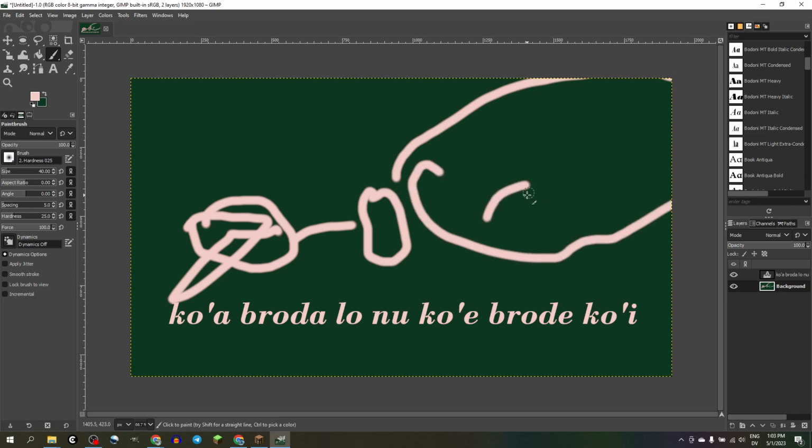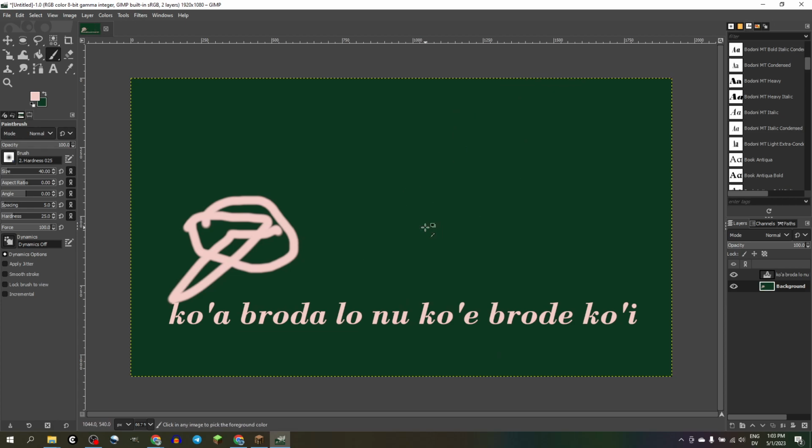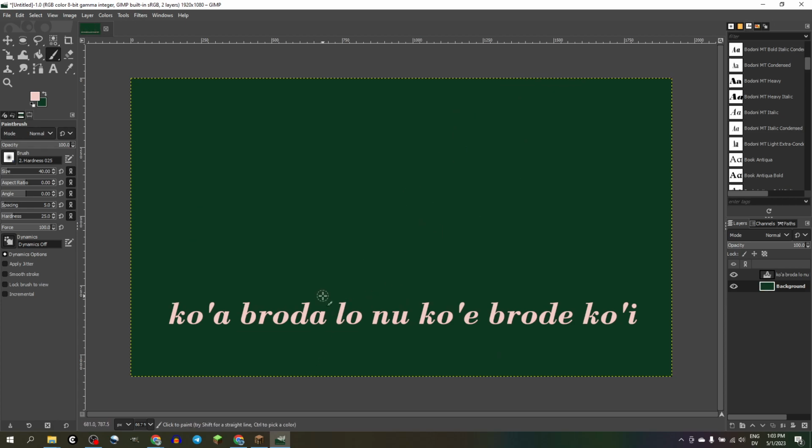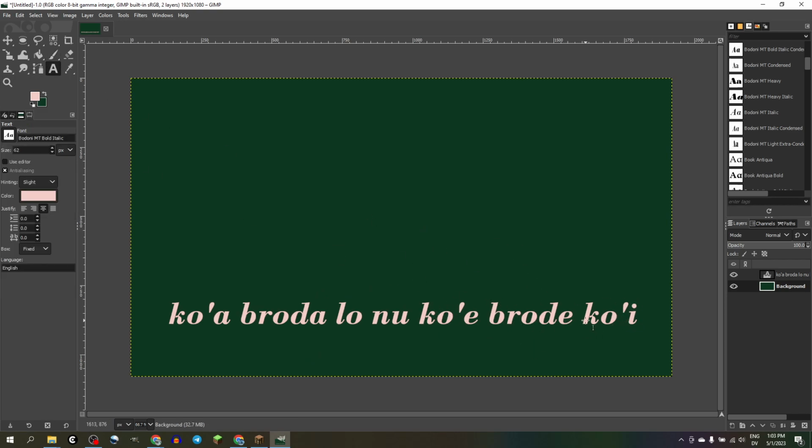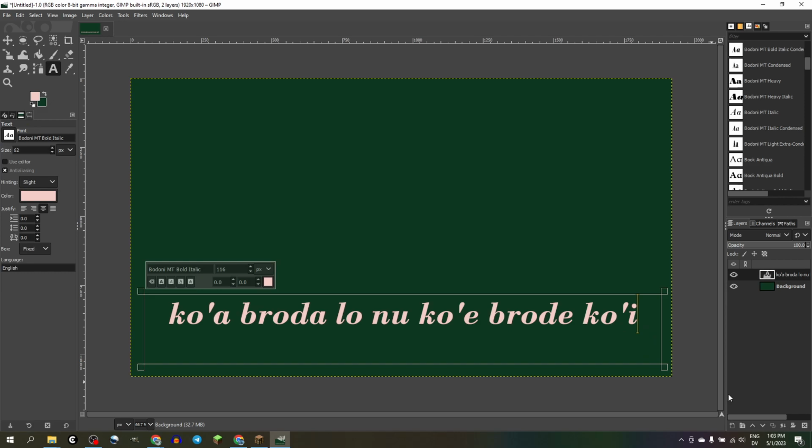The koha broda kohi is, so you're like, koha broda is a unit. There's the noun, verb, and then there's this embedded sentence where it's just noun verb noun, and this is a common pattern that you're gonna recognize and be like, oh, okay, I've seen patterns like this before. It's pattern recognition.